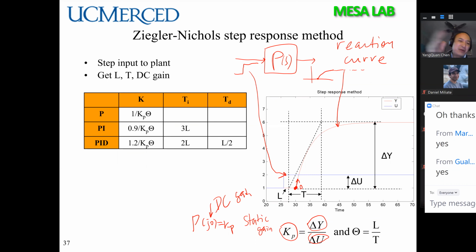Then I choose a point after which the slope keeps getting smaller and smaller; initially the slope is larger, then smaller.